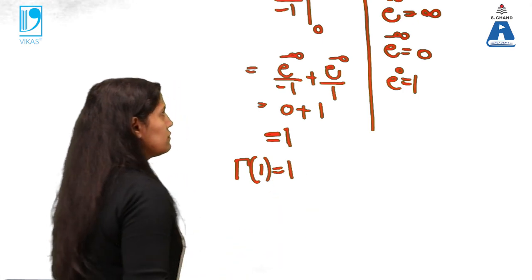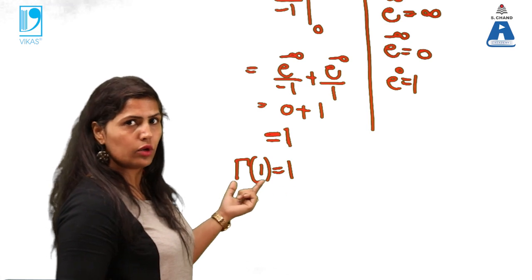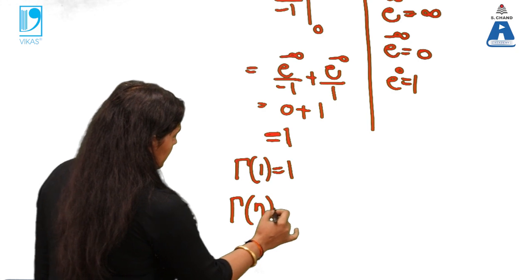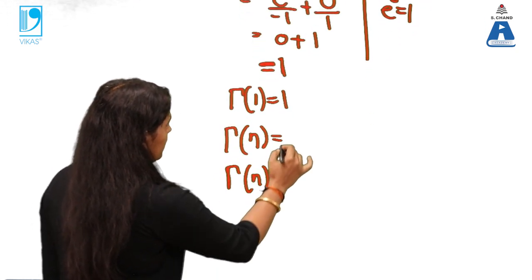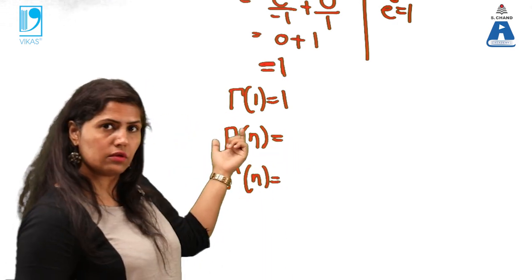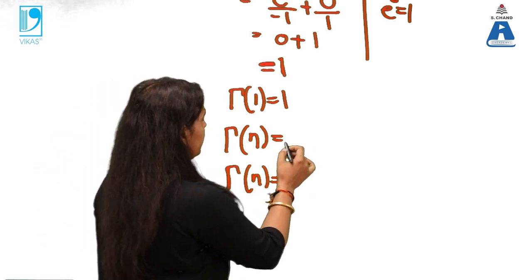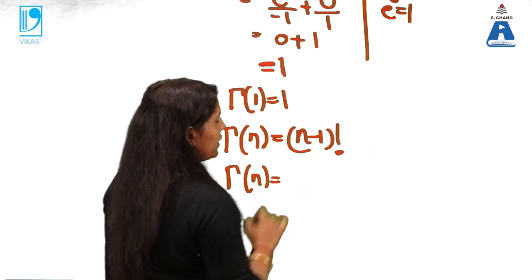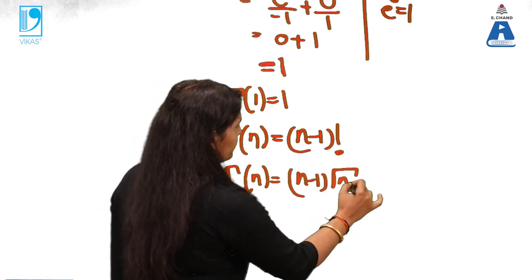I told you this gamma function is defined for n greater than or equal to 1. That is why I started with the very first value, gamma 1 equal to 1. Then I have two formulas, and for B.Tech Laplace transformation the gamma function is very useful, and some formulas totally depend on it. The formula is gamma n is n minus 1 factorial, and there is another formula also.